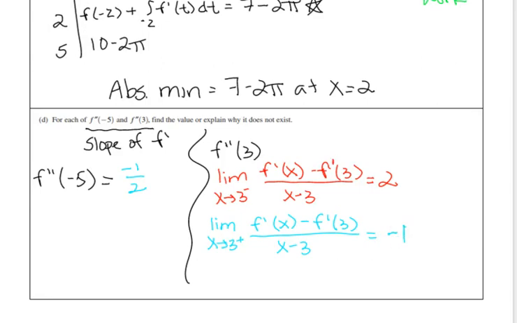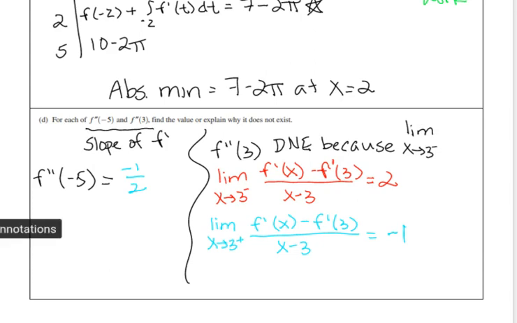So we can see then that f double prime of 3 does not exist because, and it's going to be the limit as x approaches 3 from the left, and we're going to have to write that whole thing. So actually I'm going to go down underneath so that I can write the whole thing in one big line to show you guys.